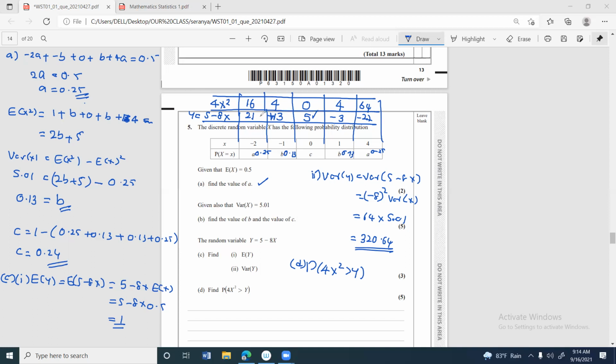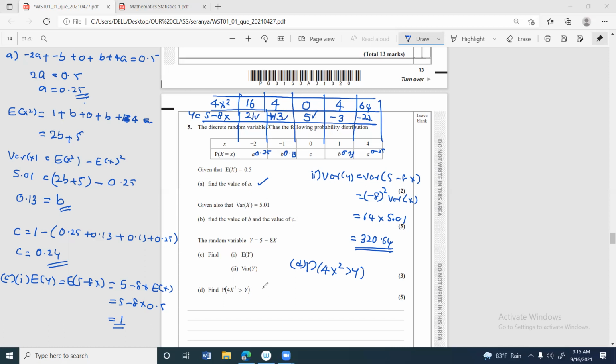Then we have to see whether the 4x squared is bigger than that. We have to see whether y is bigger than that. Y is bigger only, sorry, y is bigger than 4x squared. These three elements are bigger than that.